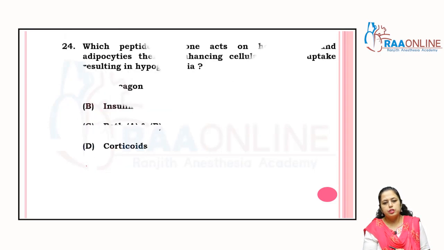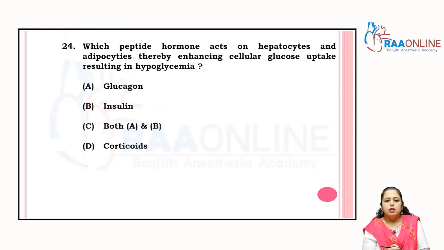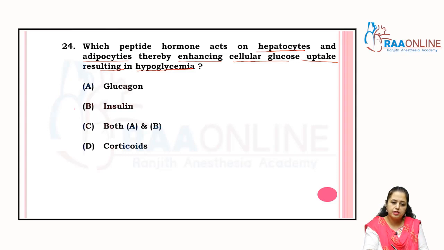Come to the next question. Which peptide hormone acts on the hepatocytes and adipocytes, thereby enhancing the cellular glucose uptake, resulting in the hypoglycemia, right? Hypoglycemia, that is decreased level of glucose in blood, and that is the function of the insulin, right, which acts upon the hepatocytes. Actually, carbohydrate metabolism is maintained by the liver.